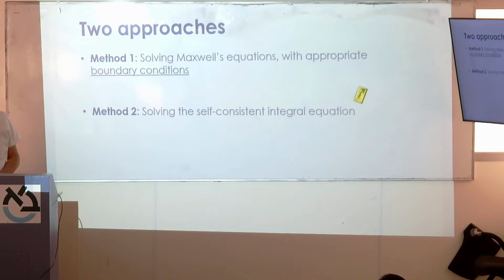The second method, that's the one we talked about last time, actually before this one. We talked about the integral equation, which is a self-consistent equation, quite difficult to solve in principle.